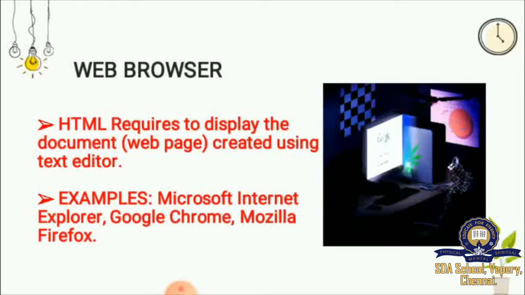When a user requests a web page from a particular website, the web browser retrieves the necessary content from a web server and then displays the web page on the user's device. Examples of web browsers are Microsoft Internet Explorer, Mozilla Firefox and Google Chrome.